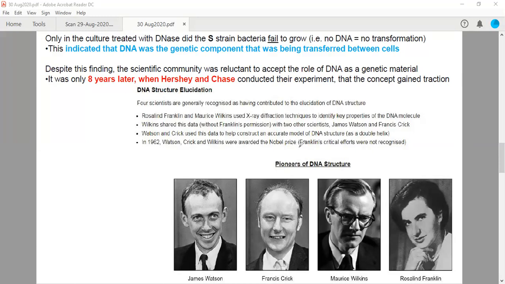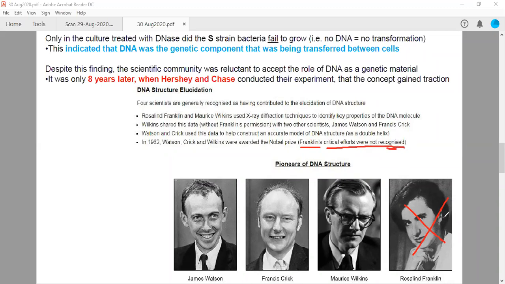One question has been asked, so that's why I have included this portion in this slide. Rosalind Franklin actually died before getting the Nobel Prize, therefore her critical efforts were not recognized.